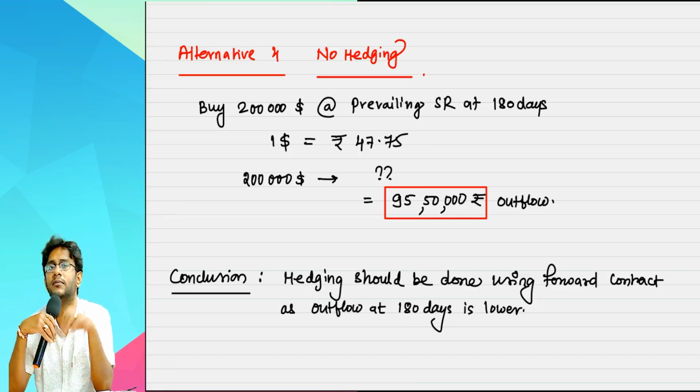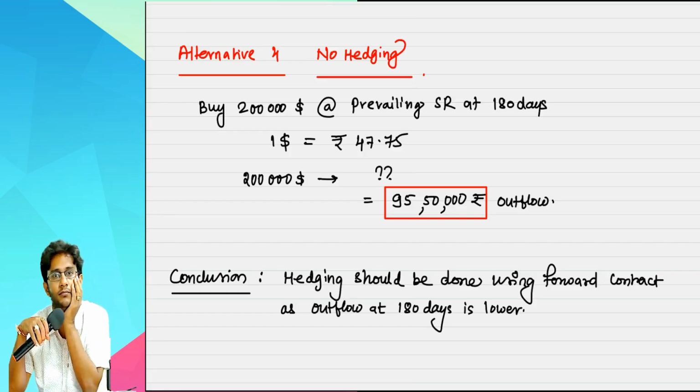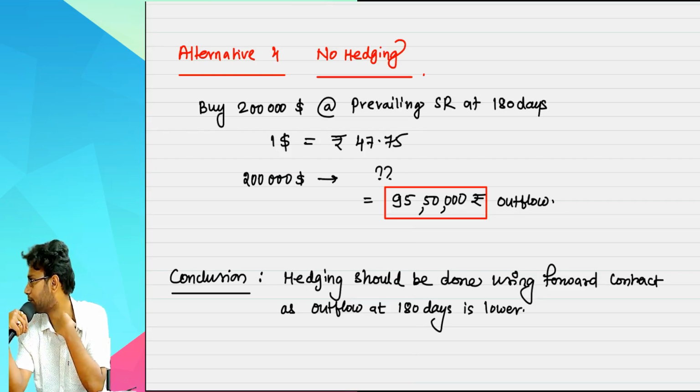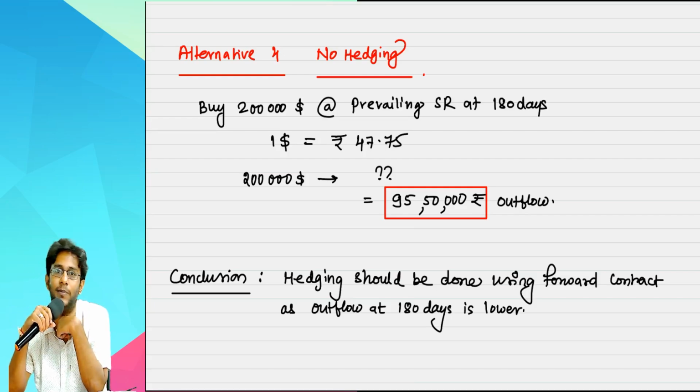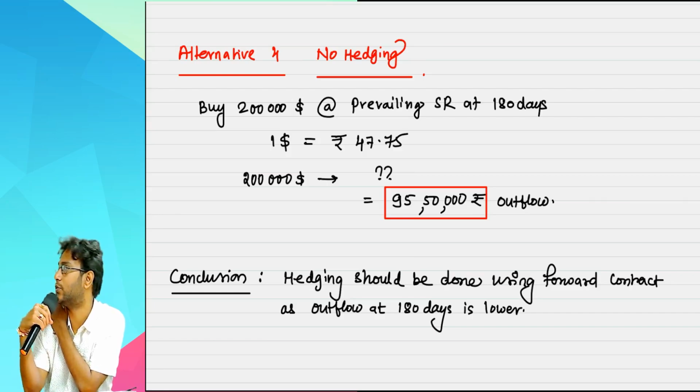Hedge means, yes, you can do. But you are taking forward as the base. Then each individually you want to work out exchange gain. You can do that also.